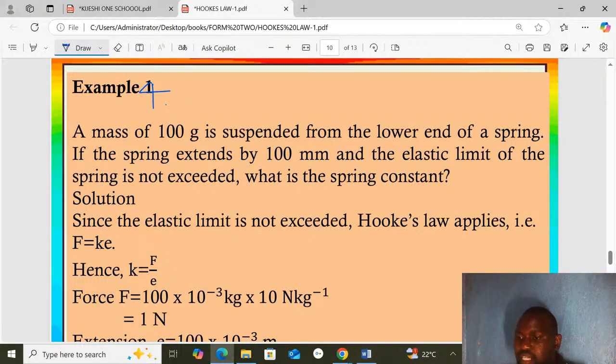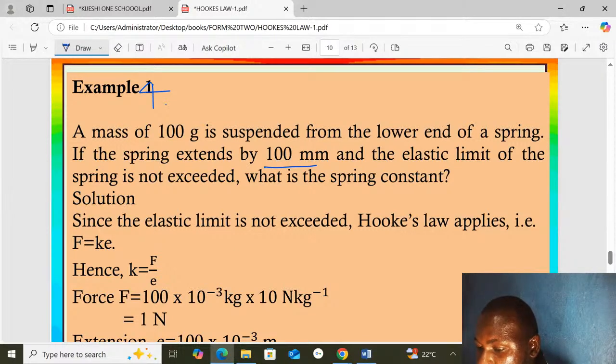A mass of 100 grams is suspended from the lower end of a spring. If the spring extends by 100 mm and the elastic limit of the spring is not exceeded, what is the spring constant? So now we are being offered a solution for this one.